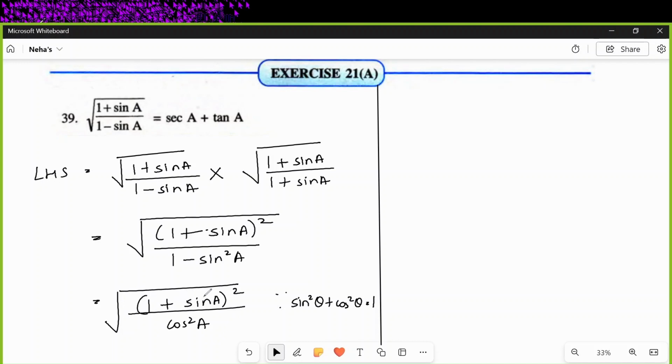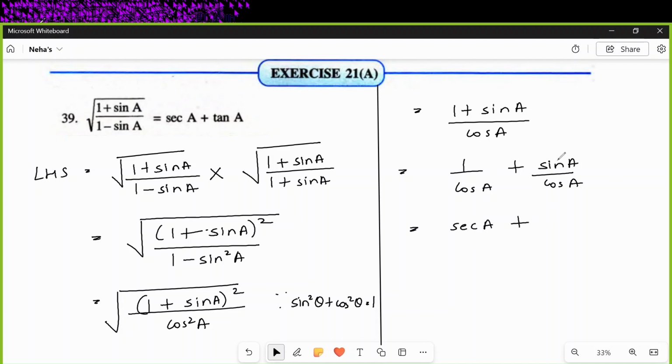The square root of (1 plus sine A) whole square is equal to 1 plus sine A, and the square root of the denominator, that is cos²A, is equal to cos A. Now we can write it as 1 divided by cos A plus sine A divided by cos A. 1 divided by cos A can be written as sec A, and sine A divided by cos A is equal to tan A. This is equal to the right hand side, and hence we have proved.